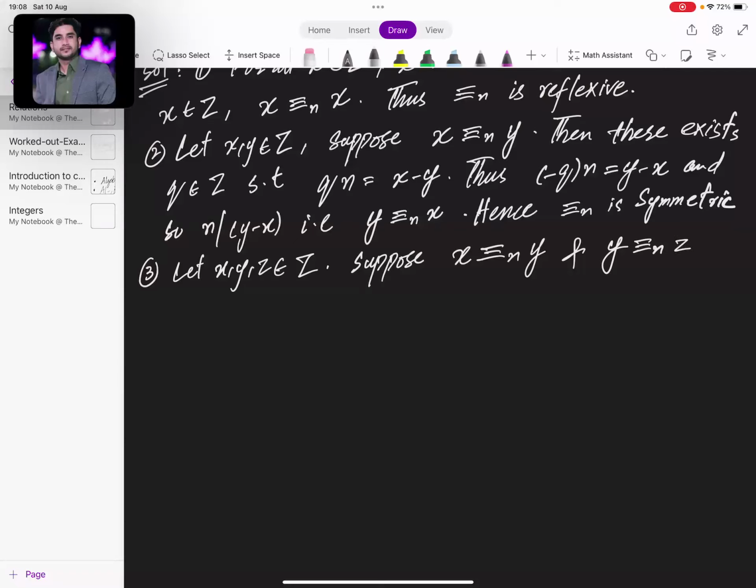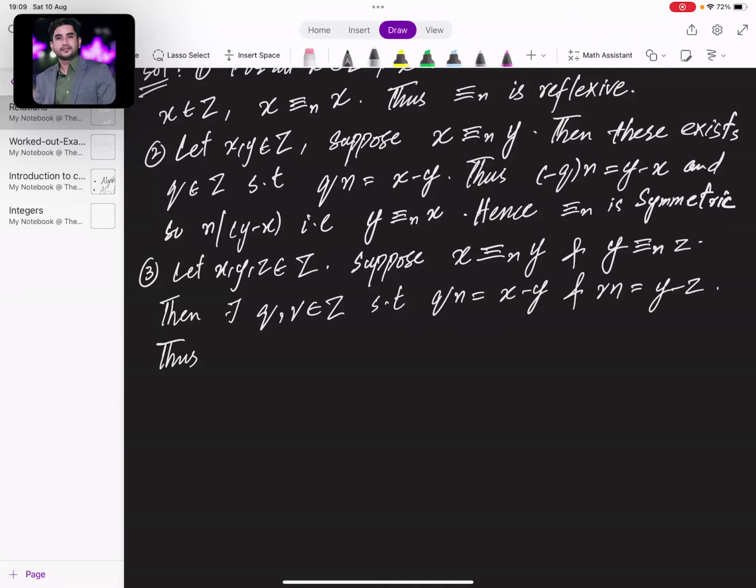There exist q and r in the integers such that we can write qn equals x minus y, and rn equals y minus z.